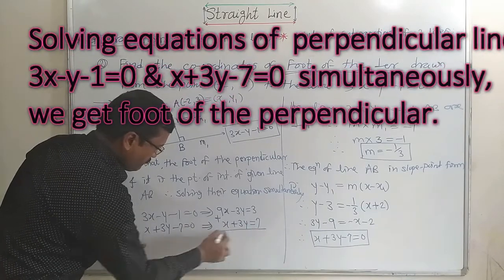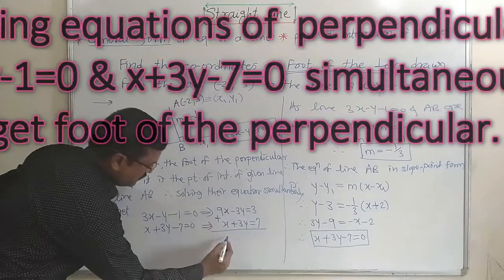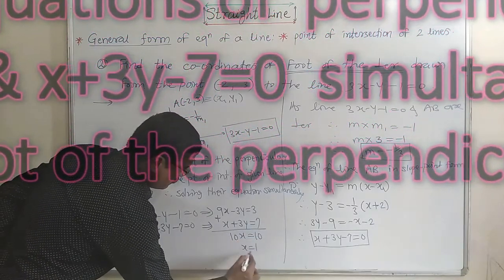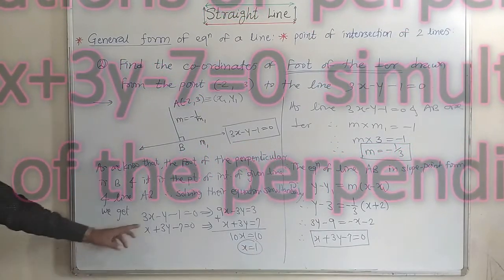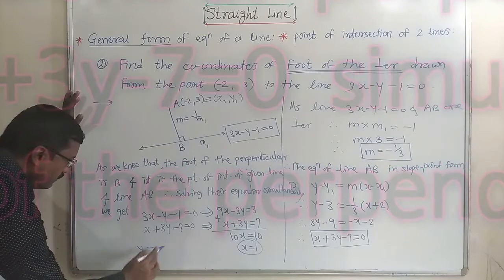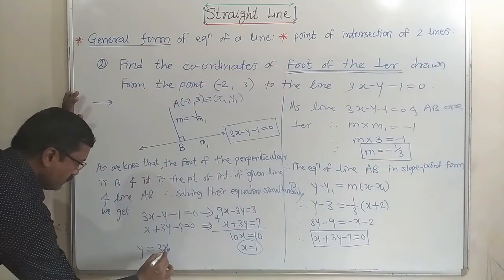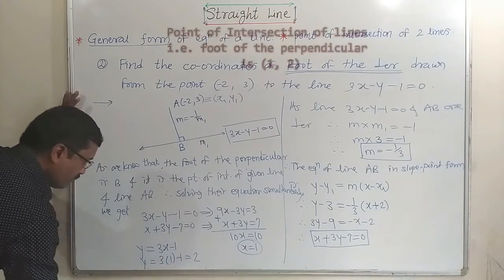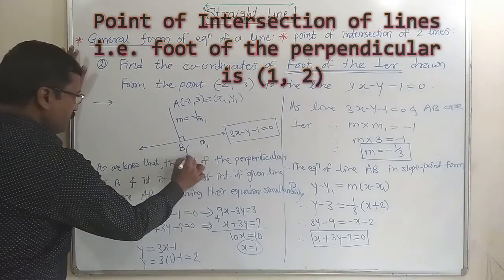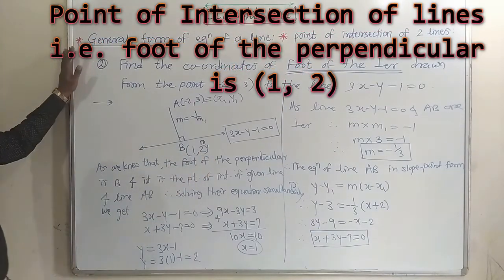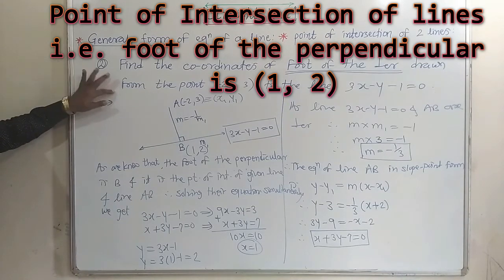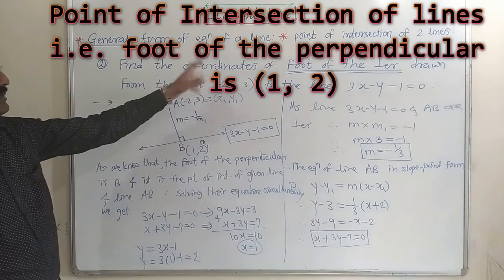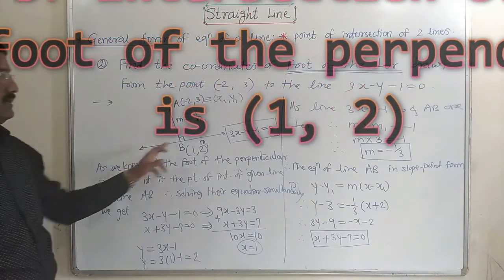So adding these two equations, the 3y gets cancelled, we get 10x equal to 10, it means x equal to 1, and when x equal to 1, y is equal to 3x minus 1, so y equal to 3 into 1 minus 1, that is 2. So B is 1, 2. That is the point of intersection of these two lines, and it is nothing but the foot of the perpendicular drawn from the point A to the given line.